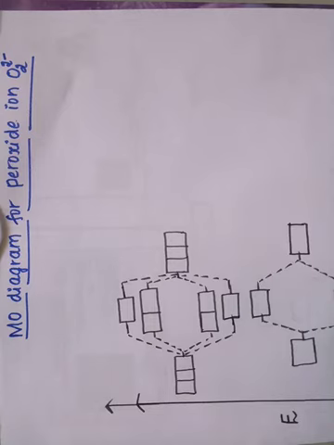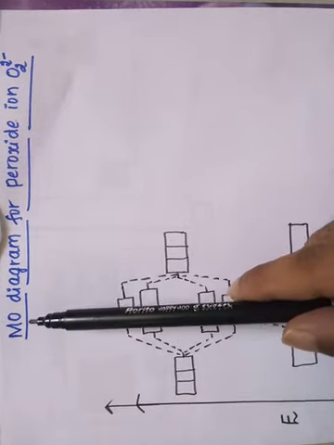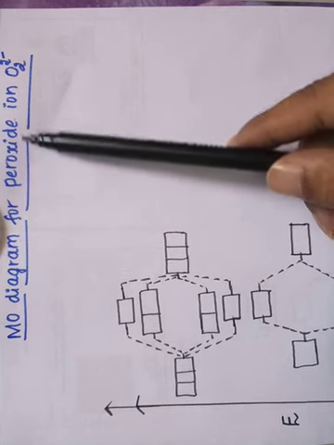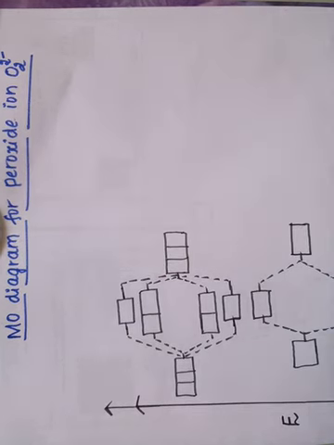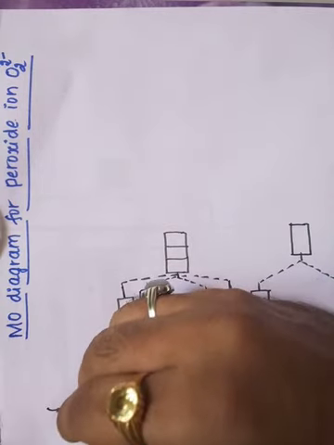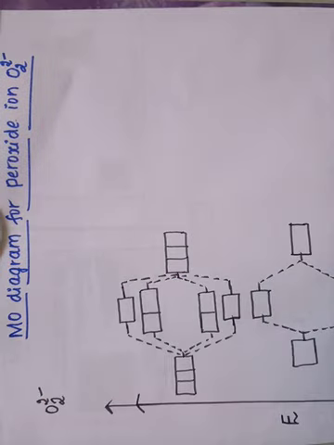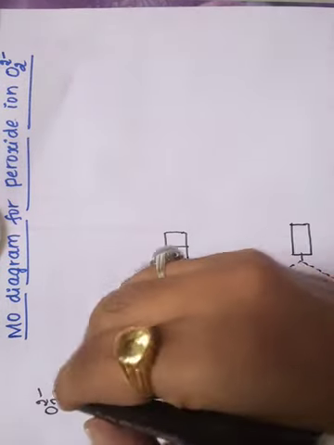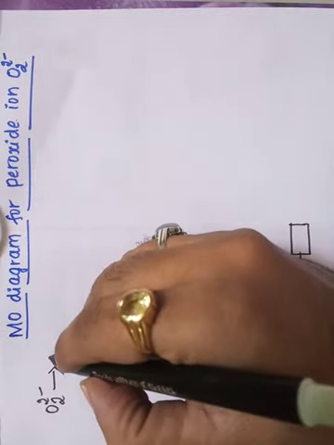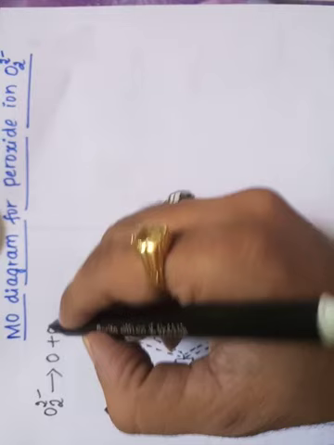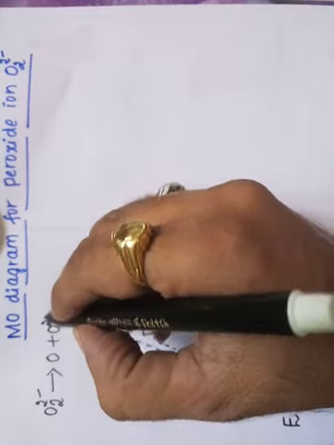Hello dear students. So let us construct the molecular orbital diagram for the peroxide ion, that is O2 2 minus ion. This O2 2 minus ion is the combination of one oxygen atom and one oxide ion.